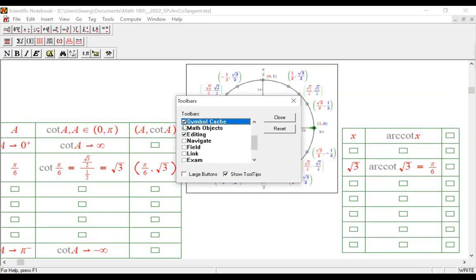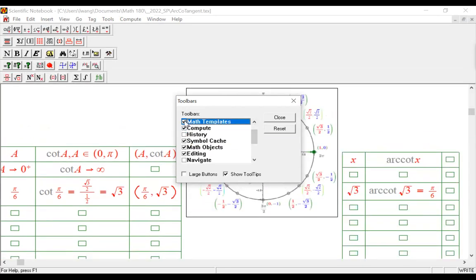Mass symbol cache, compute, mass template, symbol panel.